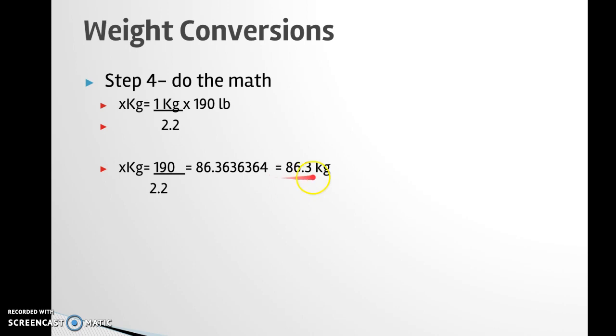So we take that 86, go to the 10th spot, which is here, and look over at the 100th spot. The number is 5 or greater, so we're going to round up. It's going to be 86.4, not 86.3. I did that wrong. So 86.4 is your correct answer: 86.4 kilograms.